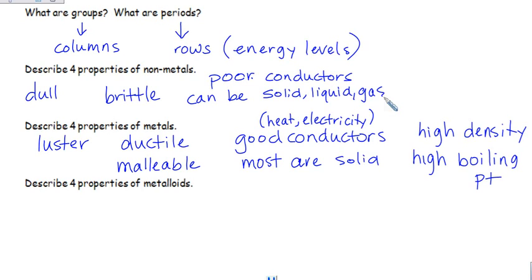Bromine and mercury. Bromine would be a liquid nonmetal. They have low density. We'll do a lab where we'll measure the density of metals, nonmetals, and a metalloid. And then the opposite, their boiling points would be low.